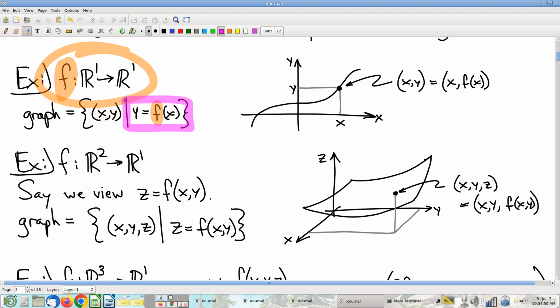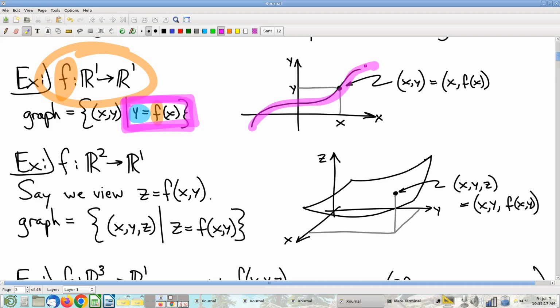It seems so innocent, but the output values of the function don't have to have names at all. Once I choose to call those output values by some name, in this case y, notice that the act alone of naming the output variables gives me the equation of the graph.